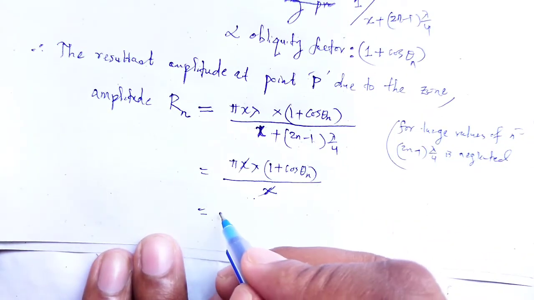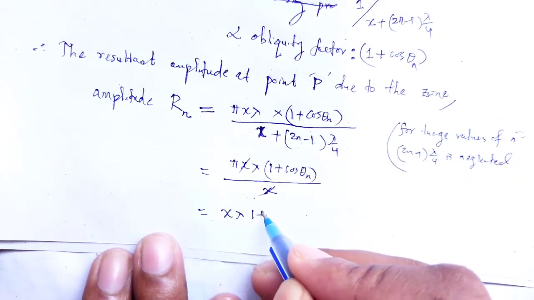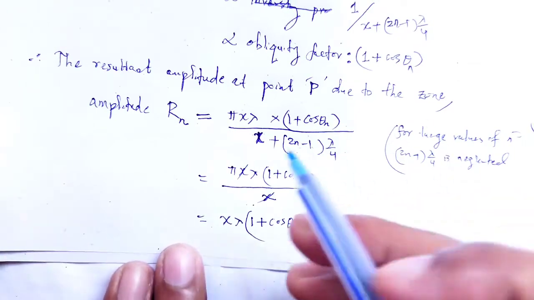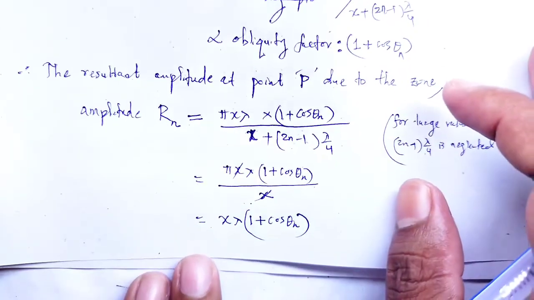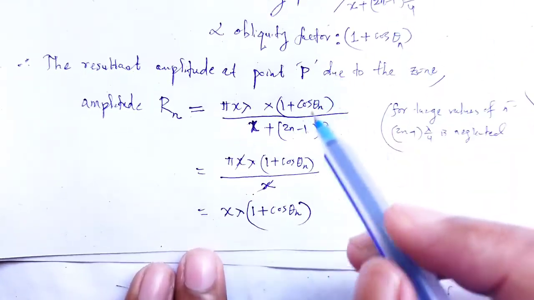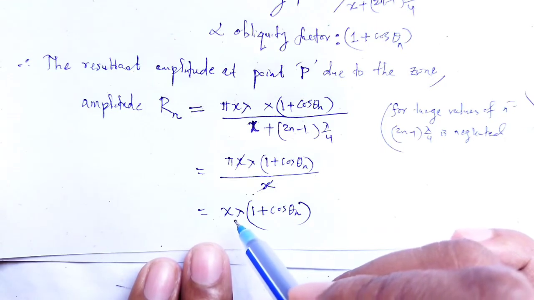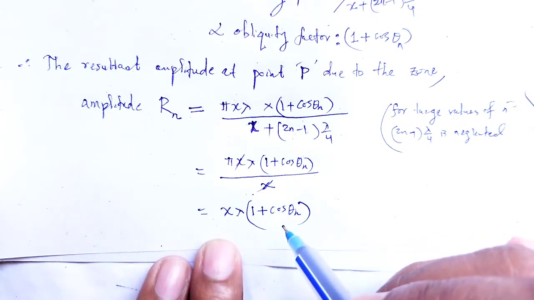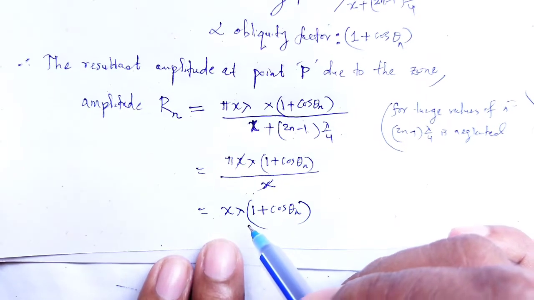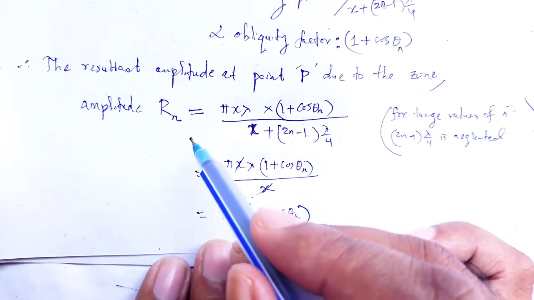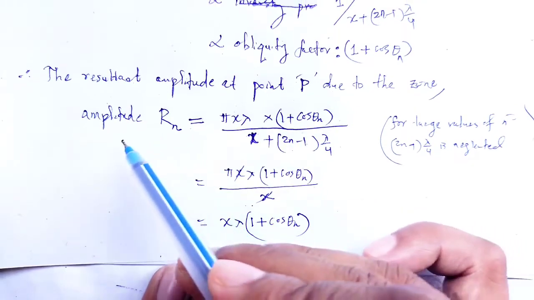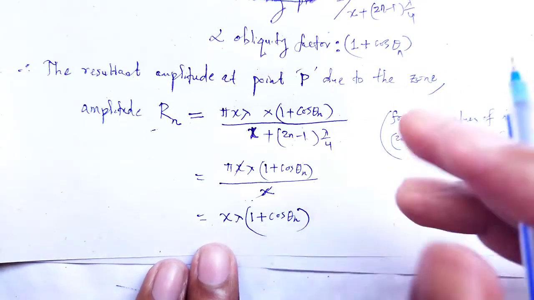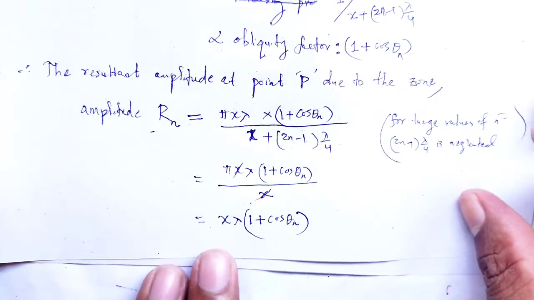The resultant amplitude is equal to pi lambda (1 plus cos theta n). So the amplitude would increase with the value of n, but the factor cos theta n decreases as n increases. So the amplitude Rn overall decreases with increase in the number of zones.